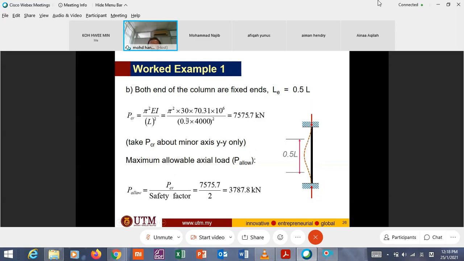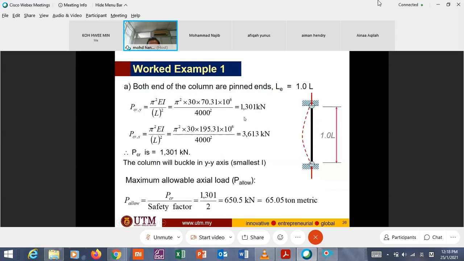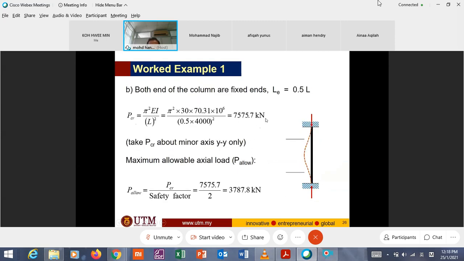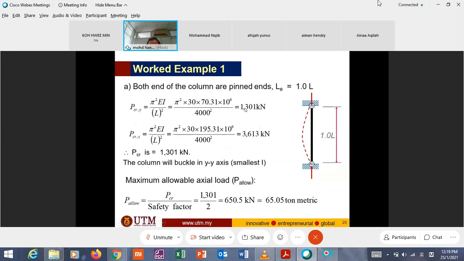And when it is 0.5, you substitute into this equation, then you get 7575. And if you compare to the value just now, you had 1301.